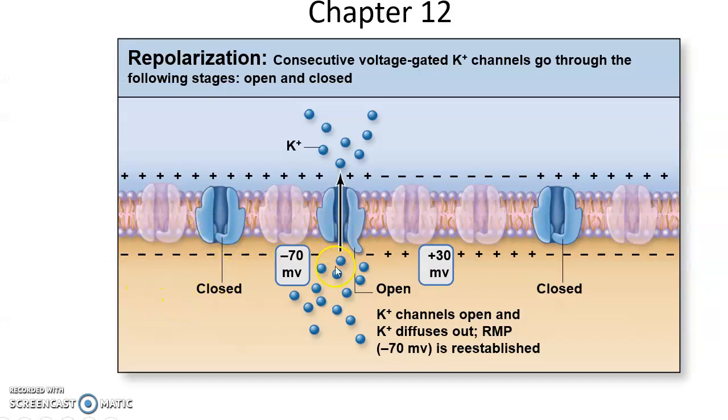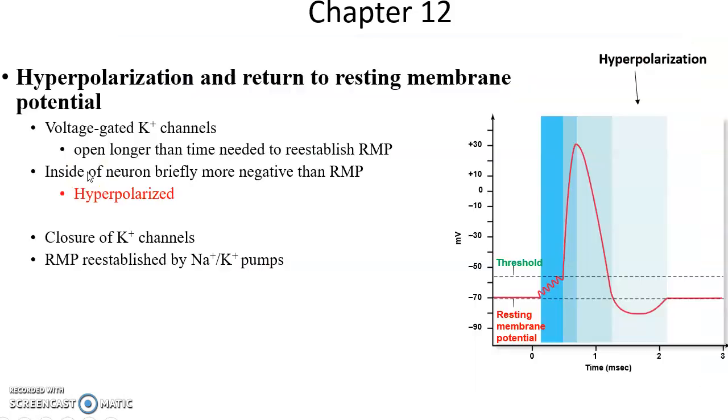They're closed, then they open, and potassium ions flood out, causing repolarization to occur. Hyperpolarization happens because often the voltage-gated potassium ion channels overdo it, and so that has to be fixed by the resting membrane potential being reestablished by the sodium-potassium ion pumps. So they make things back to normal.